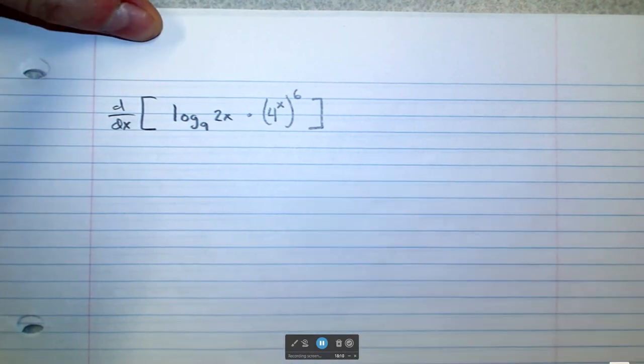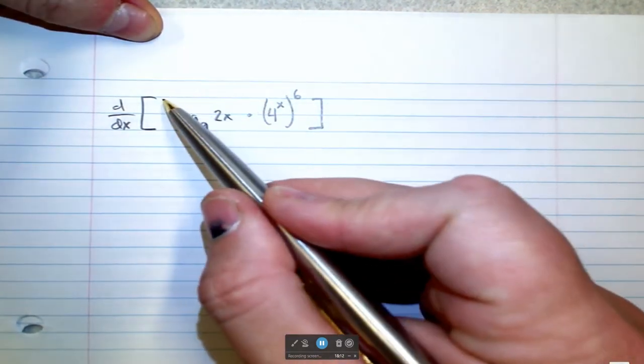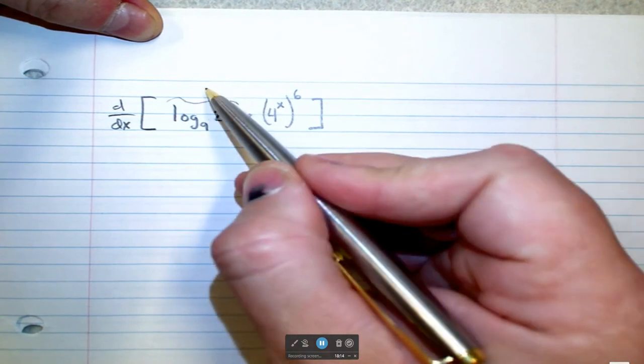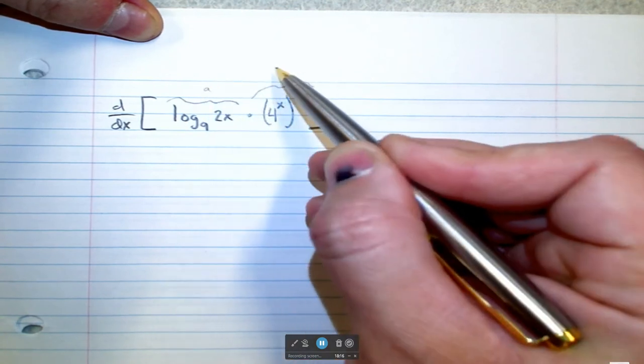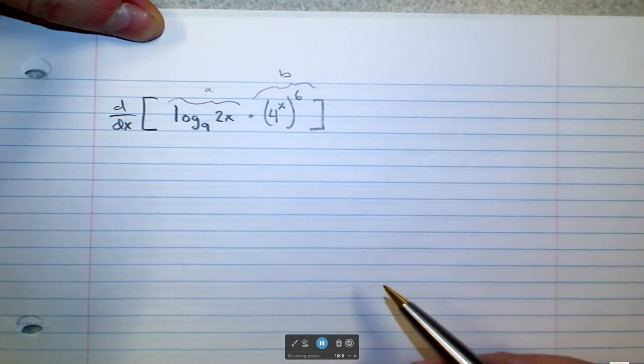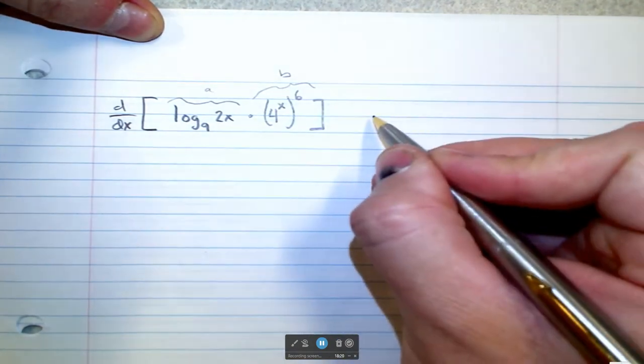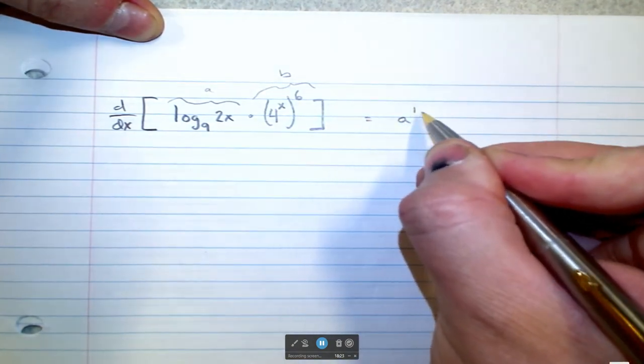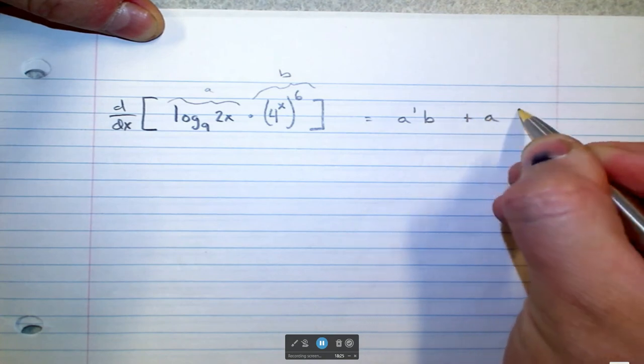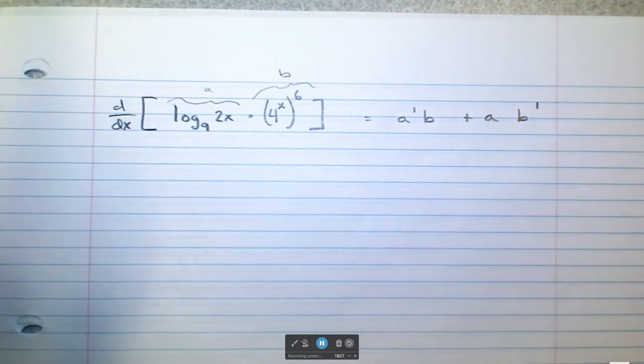What do we have to recognize as soon as we see this? That we have two unique functions. So this is A and this is B. And so we have to use the product rule, right? The product rule says A prime B plus A B prime. So basically we're going to break this down into 4 chunks.